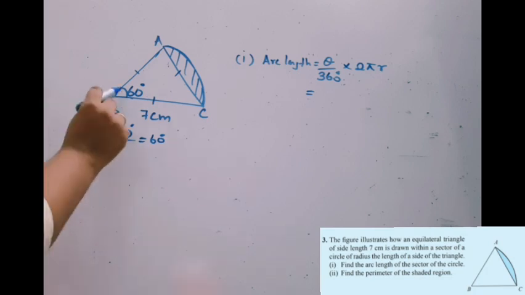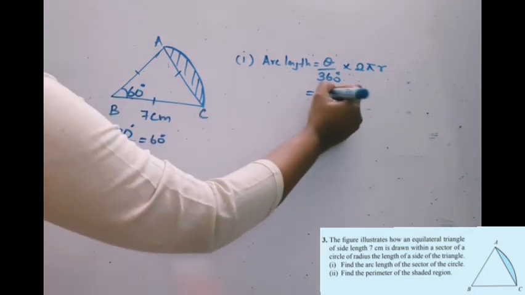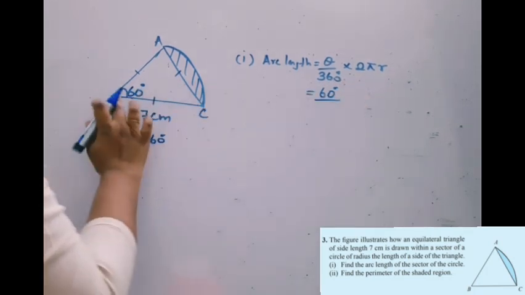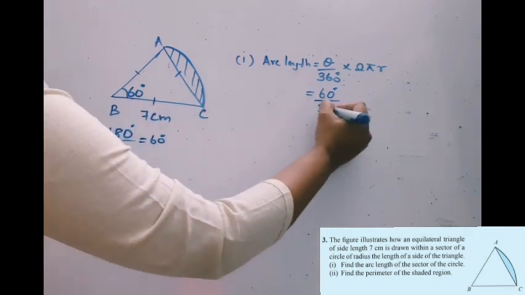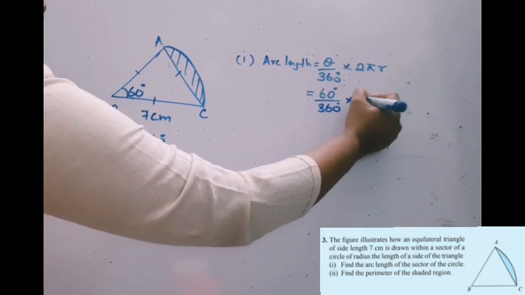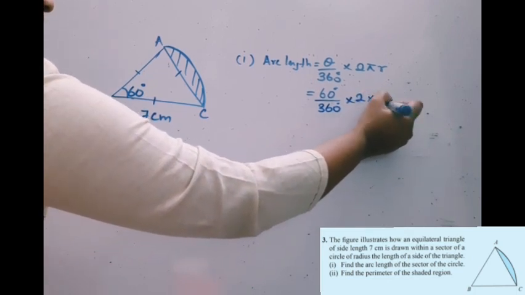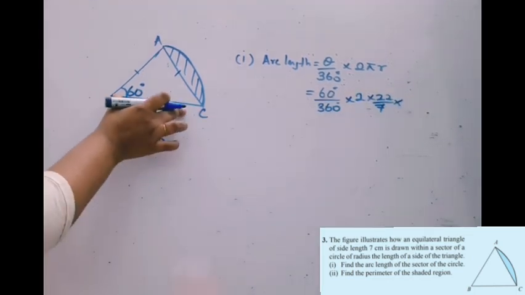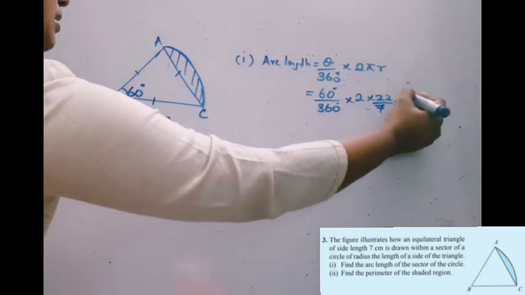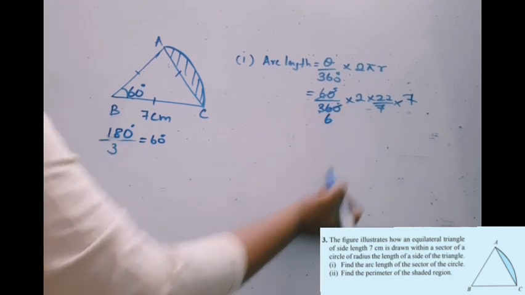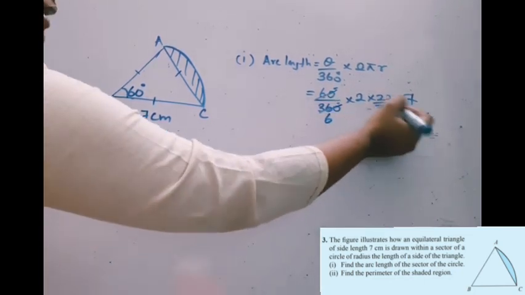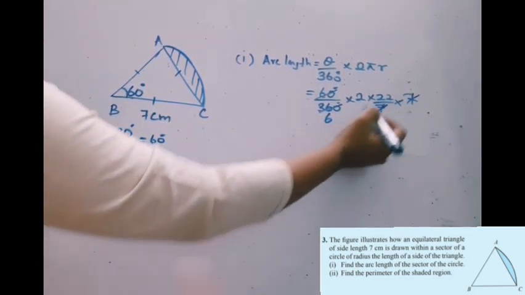Okay, the angle at the center is 60 degrees. So if you didn't find this, you won't be able to find the arc length. So 60 by 360 into 2 into 22 by 7, and the radius is 7 centimeters. So let's cancel this. This is going to be 1 by 6, then 7 and 7 can be cancelled.